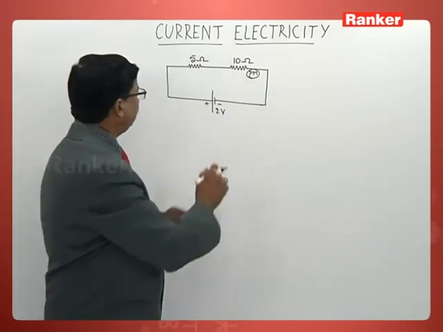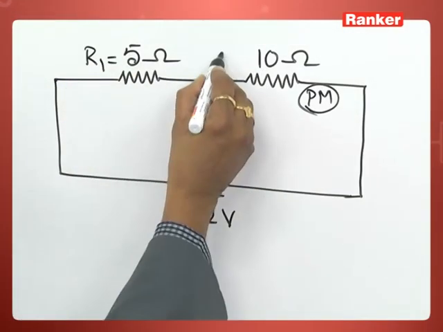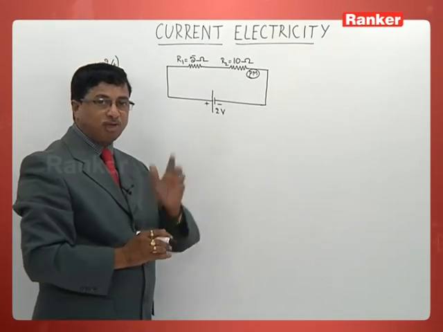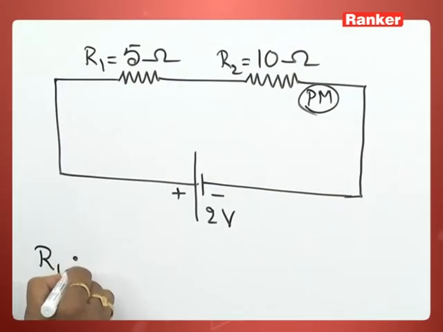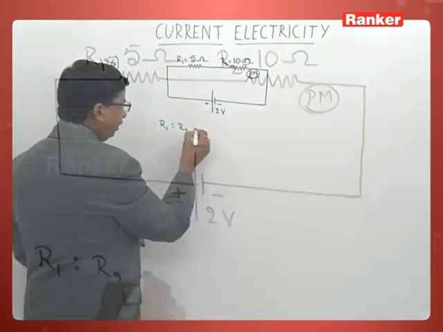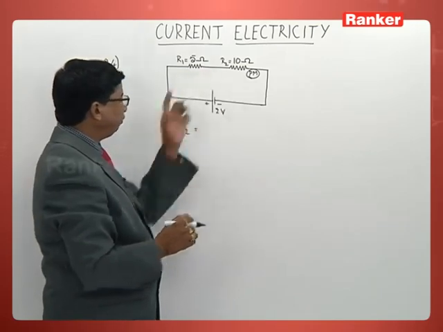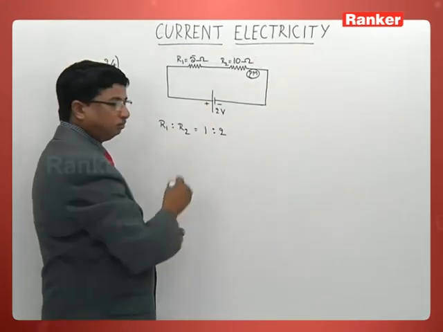So let us take it this way. I consider this one as R1 and this one as R2. Remember, R2 is of the potentiometer wire. So I write the first step: R1 is to R2, I take simply the ratio. It is no doubt 5:10, that can be taken as 1:2.